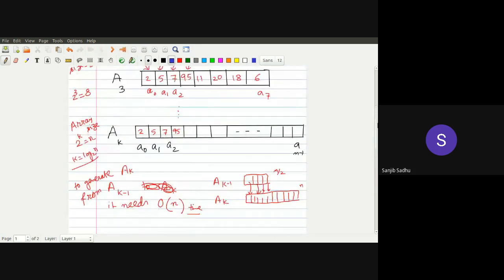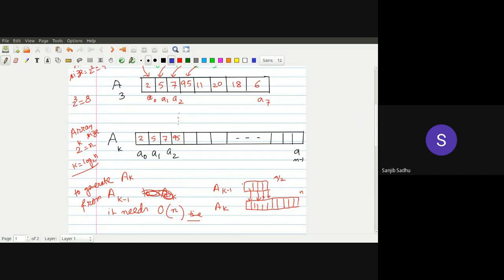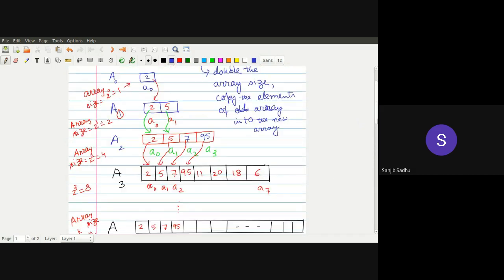In the last level, I am shifting n by 2 elements here. But how many elements are you shifting in the first level? Only one element. How many in the second level? Two elements. So these one, two, four, these are constant with respect to n.